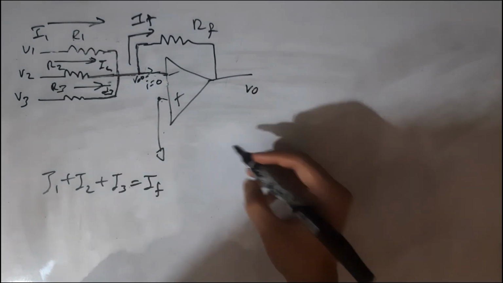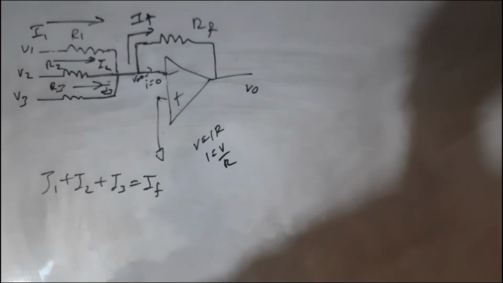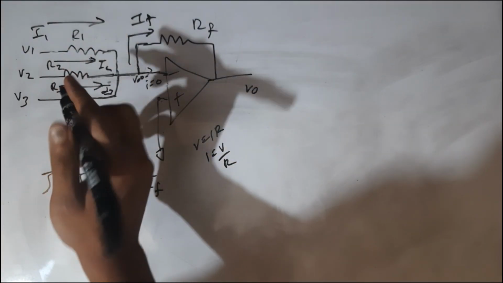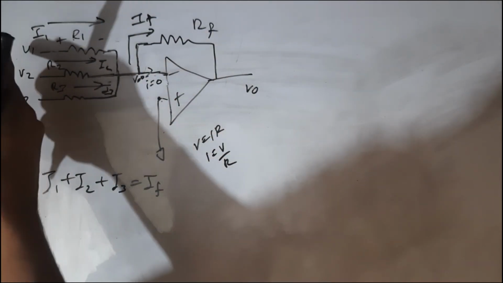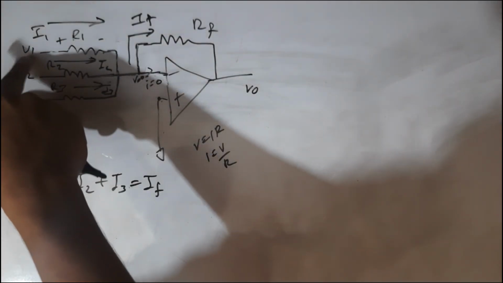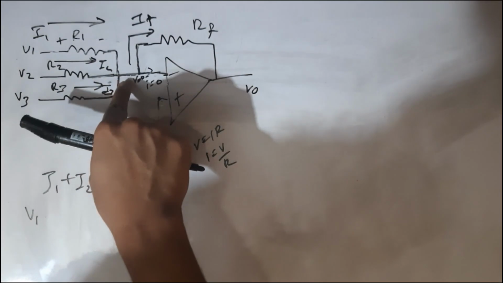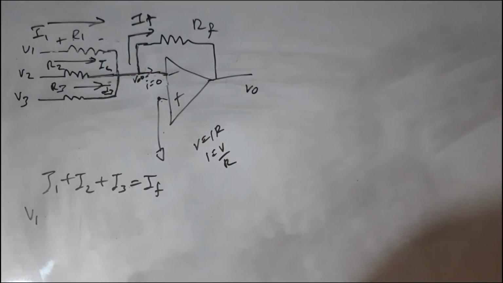If we apply Ohm's law, V is equal to IR, I is equal to V by R. Voltage is the voltage difference across the resistor. The conventional sign for a resistor is plus and minus. We take the voltage on the plus side minus the voltage on the negative side. The voltage on the plus side is V1. On the negative side the voltage is 0 because, according to the second assumption, the voltage at this node is 0.